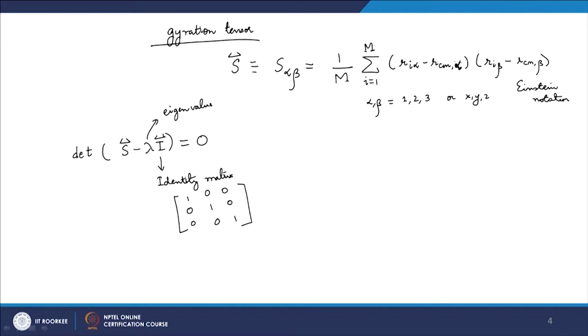Once I solve, I will get 3 solutions for lambda, which give me Rg1 square, Rg2 square, Rg3 square.